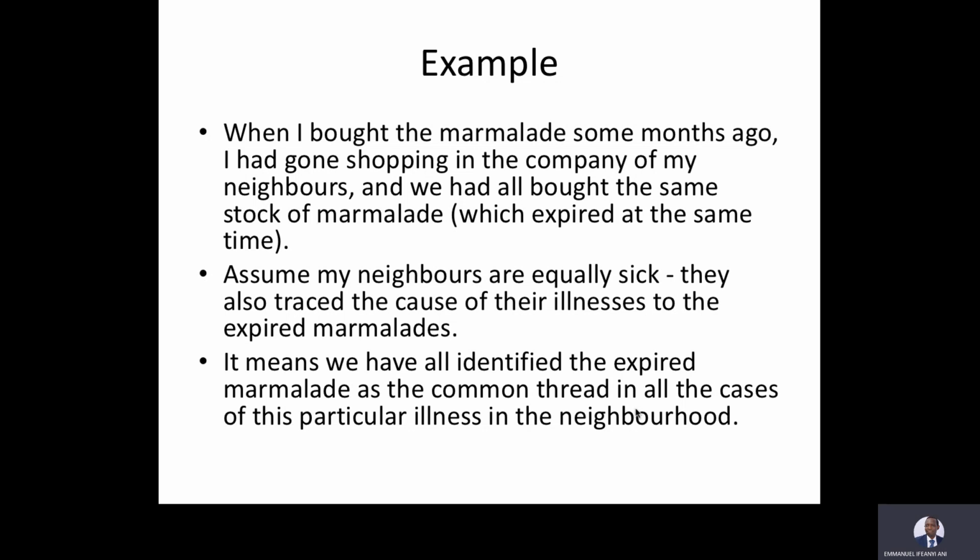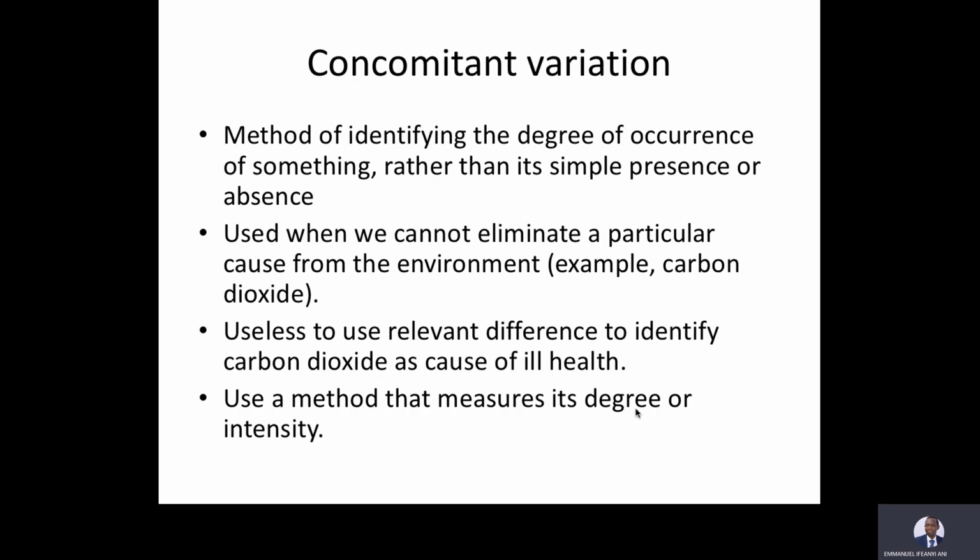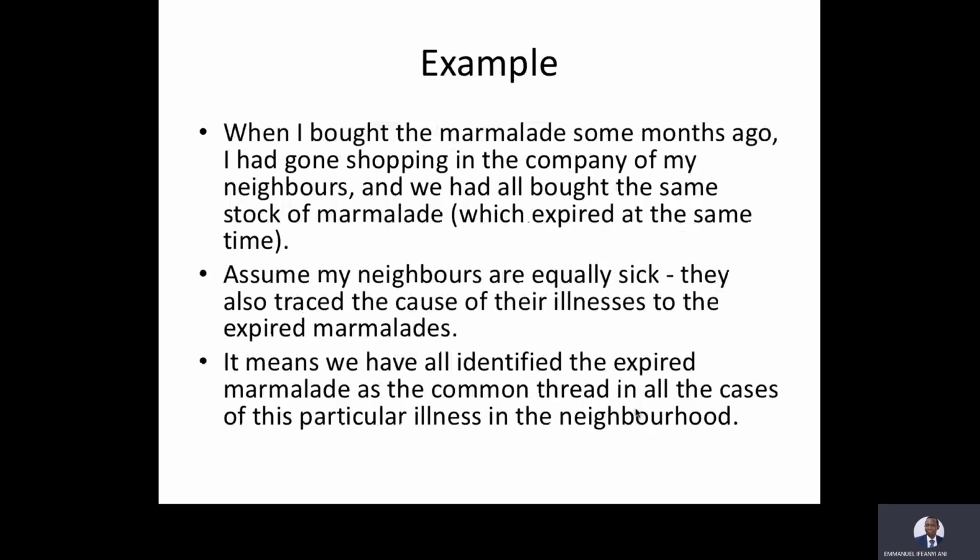And so before I go to the next method of causal reasoning, I want to comment that relevant difference and common thread sometimes and even usually work together. Sometimes if you want to identify the cause of an epidemic or a pandemic, what do you do?